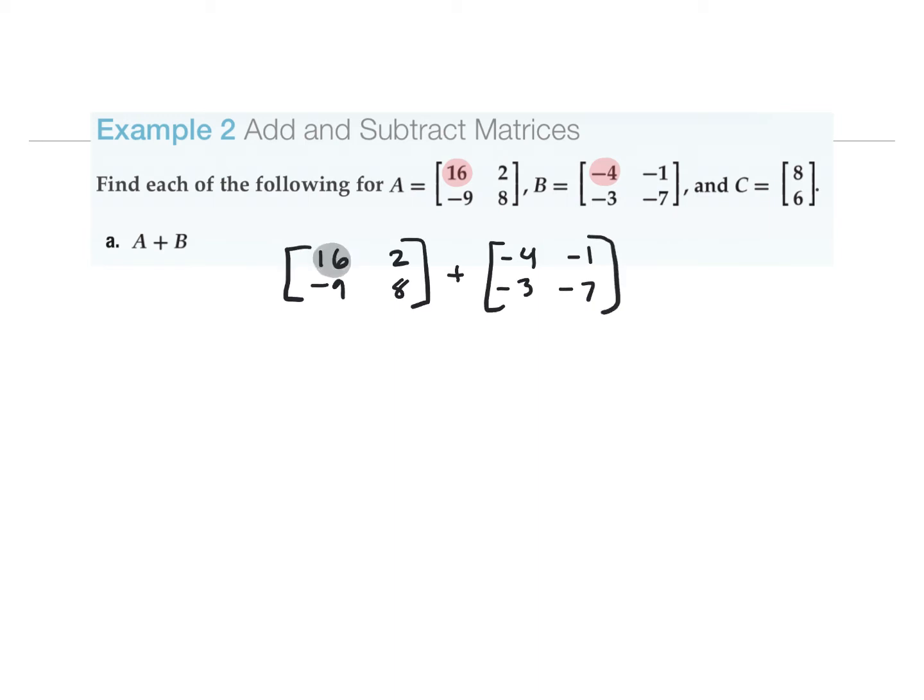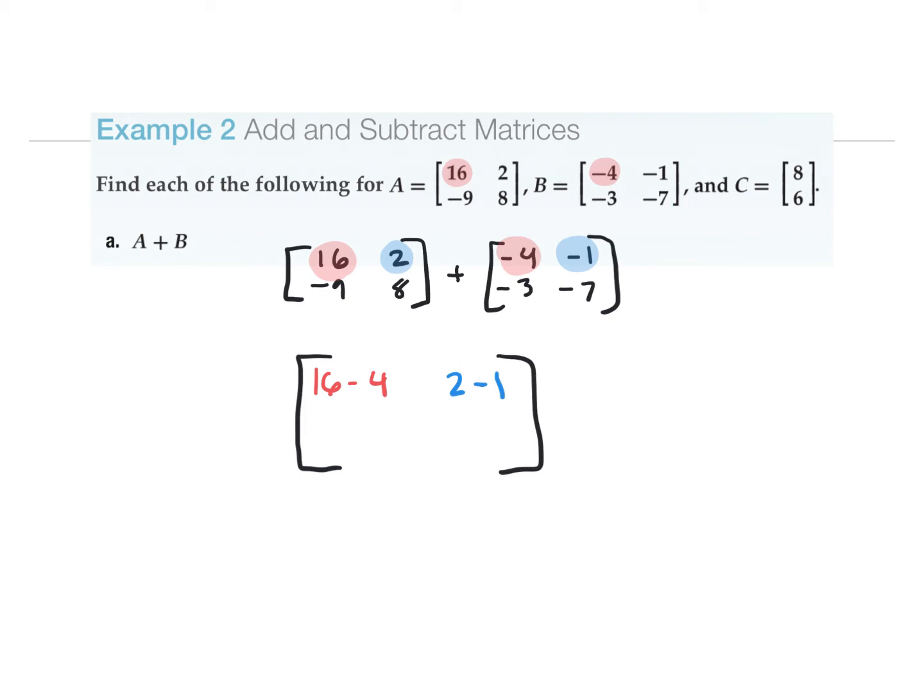So the upper left-hand corner gets added with the upper left-hand corner. So this would be 16 minus 4. And it's -4 because it's a -4. So it'd be like 16 plus -4, or 16 minus 4. And then we can add the upper right-hand corner with the upper right-hand corner. So this would be 2 minus 1.